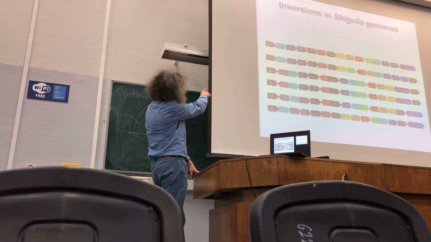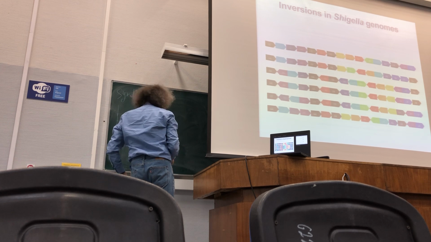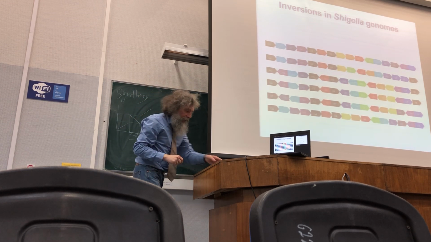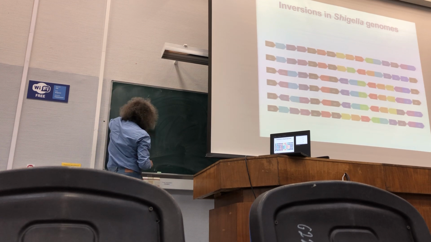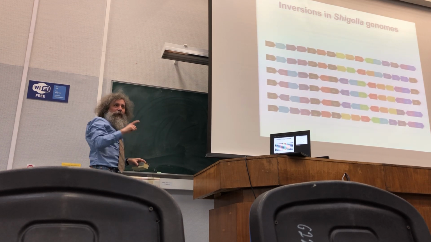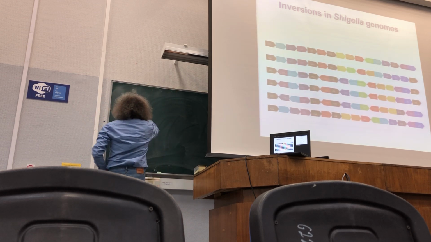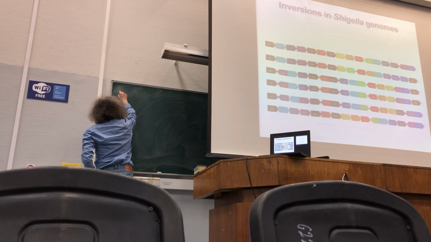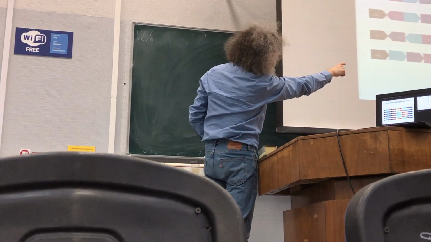So strains number 1, 2, and 6, the order is... do you see what I'm writing here? All of you, okay, good. So for strains 1, 2, and 6, the order is light blue, dark blue, violet.